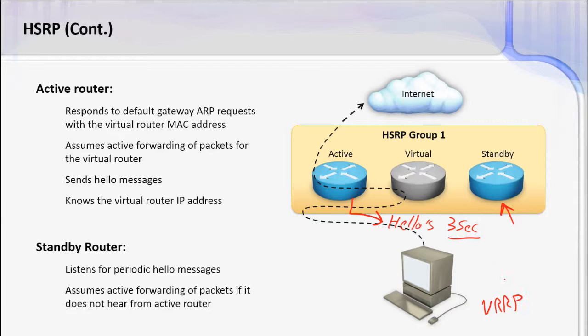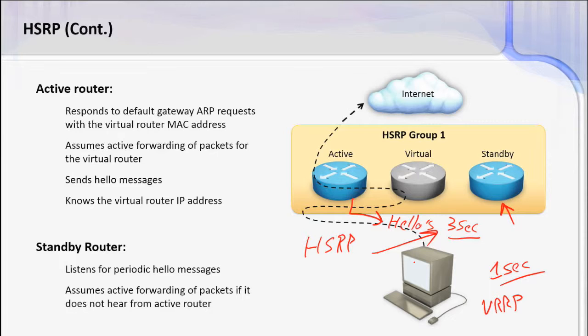VRRP is similar, except it sends hellos every second. So some people say that it's chattier, but it's faster to converge. If that bothered you, though, you could go into HSRP and change this timer to go faster or slower. Slower is going to result in less traffic, but also slower convergence. Most people prefer things that fail over very rapidly.